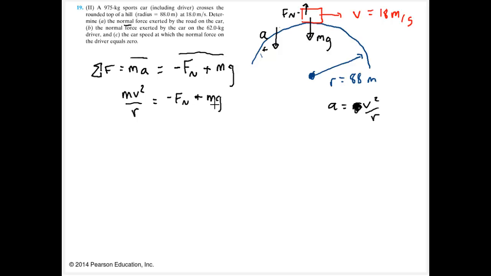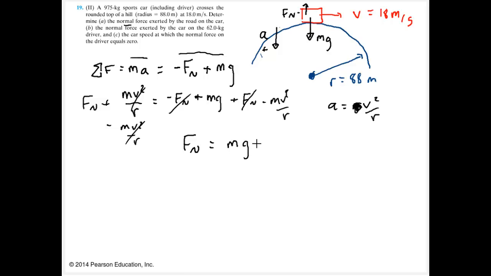I'm solving for this normal force, so I'm going to add it to both sides, and the normal force on the right cancels out. I'm going to subtract off mv squared divided by r from both sides, and that cancels out. At the end of the day my normal force is going to be equal to mass times gravity minus mass times velocity squared divided by the radius.